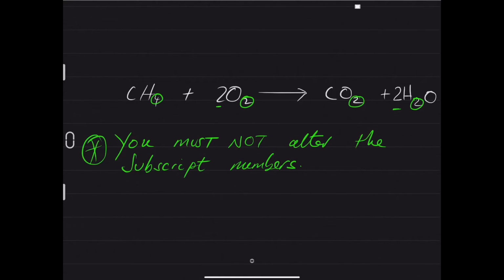For example, if we take H2O, the subscript here is 2. Now, we have balanced it by changing the coefficient to 2 here. This changes the amount we have.